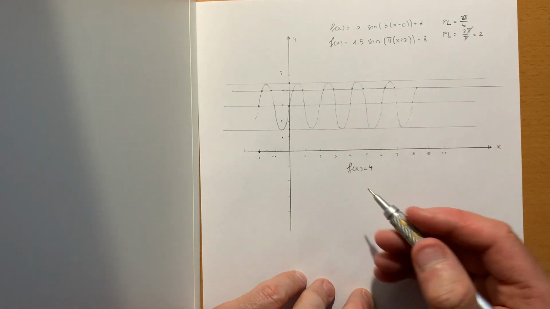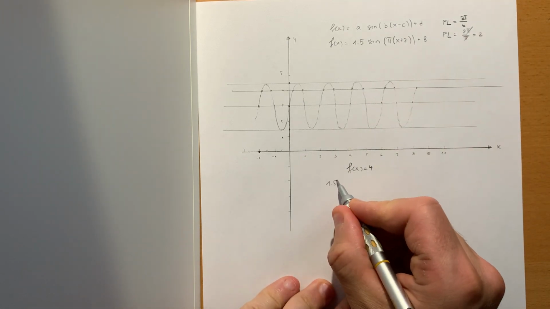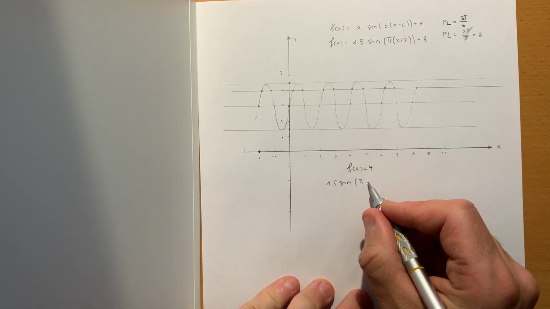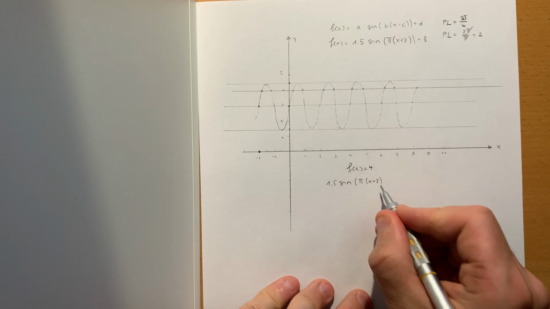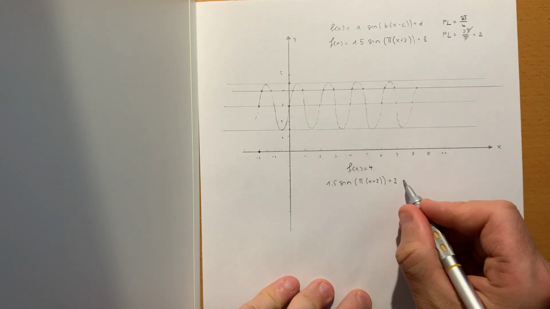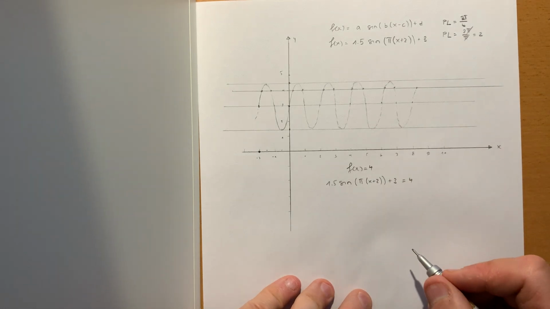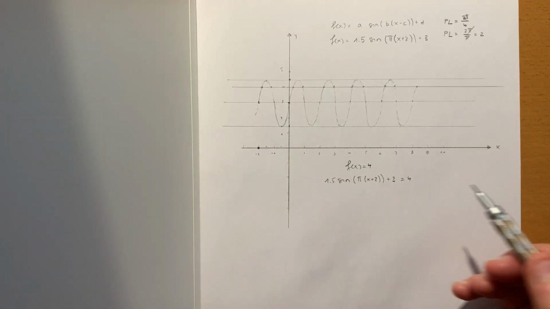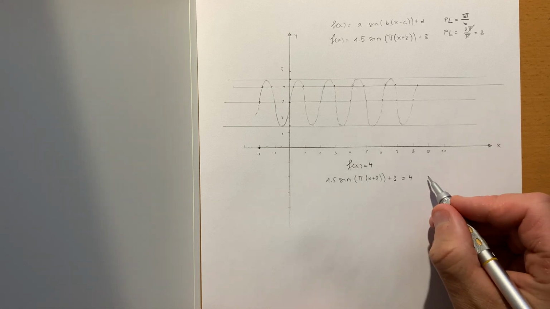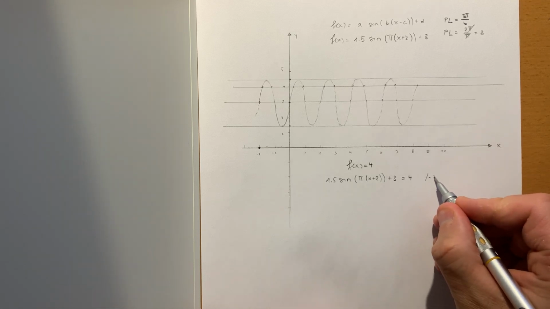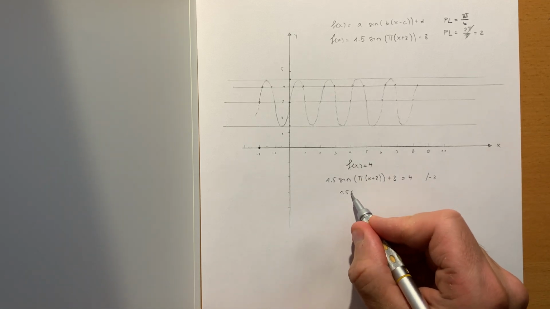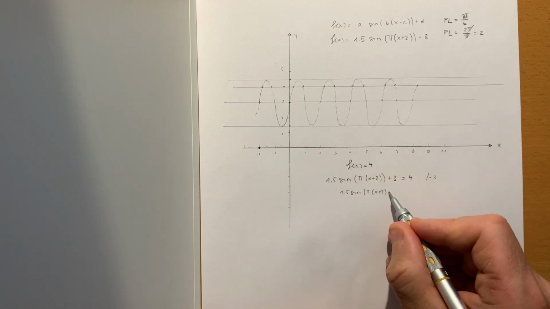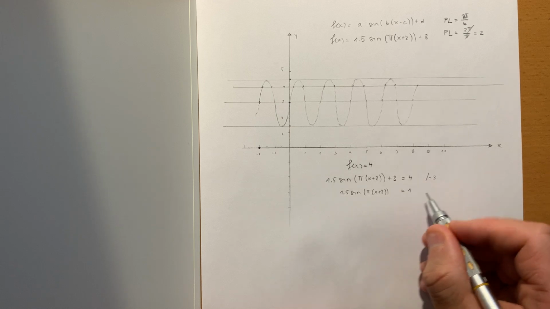So we need to work out x. So that's 1.5 sine of pi x plus 2 plus 3 is equal to 4. Because for which x is this equation satisfied? So what are we going to do first? Minus 3. 1.5 sine pi x plus 2 is equal to 1.